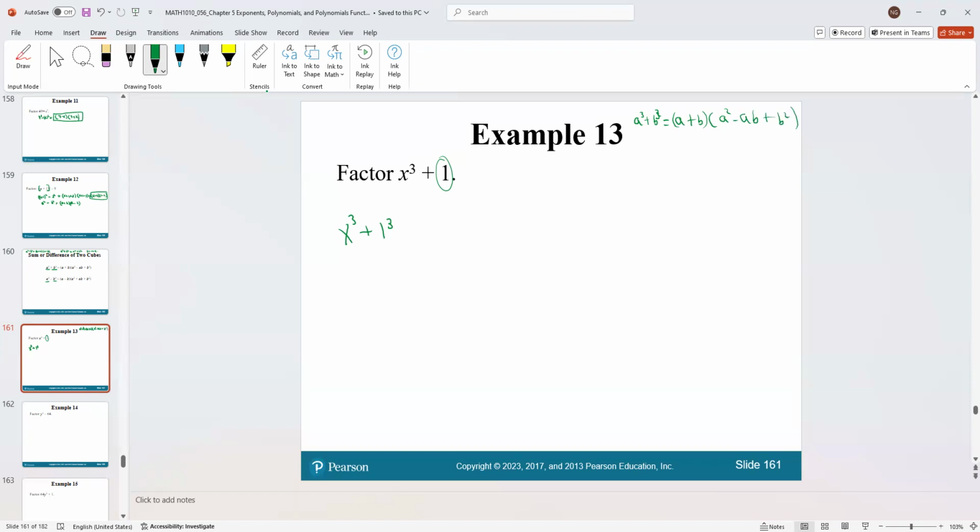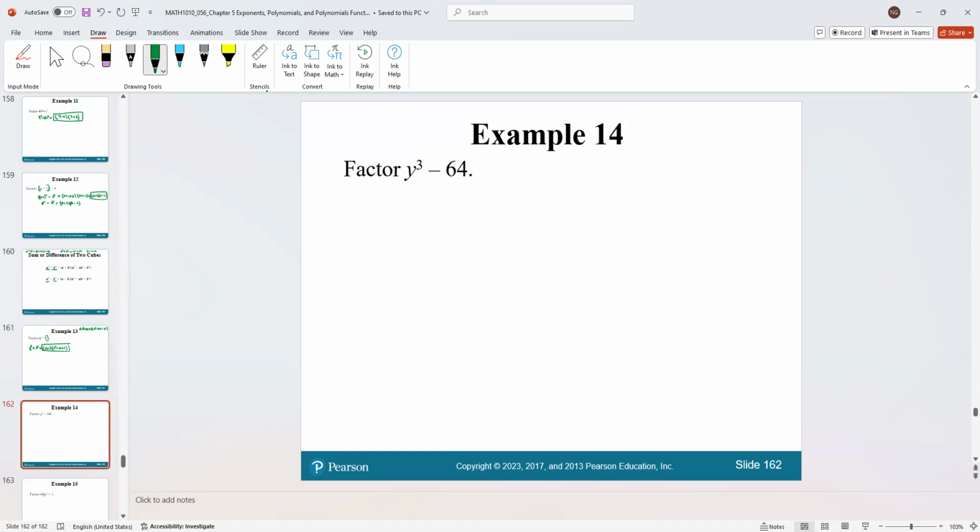So that's what we said. So a for us here is x, b is 1. So we're going to say x plus 1 times x square, we don't say 2ab, we say only ab. Now, 1 times x is x, plus 1 square is 1. And you see, we do properly well with those examples.